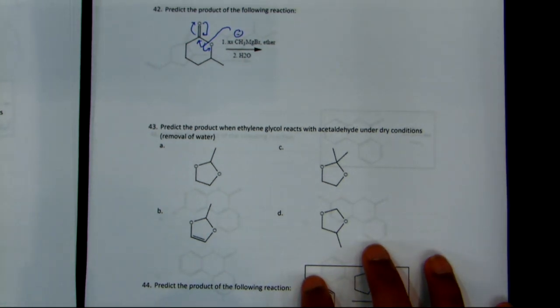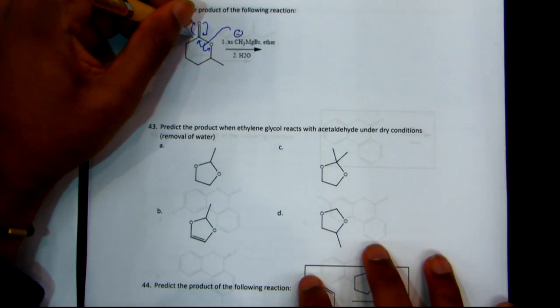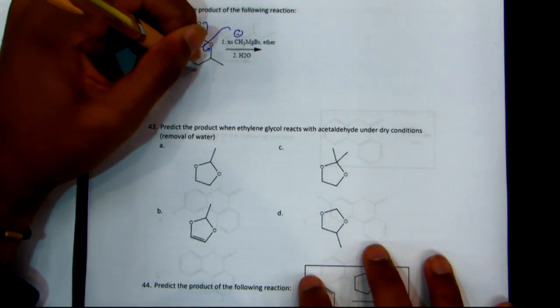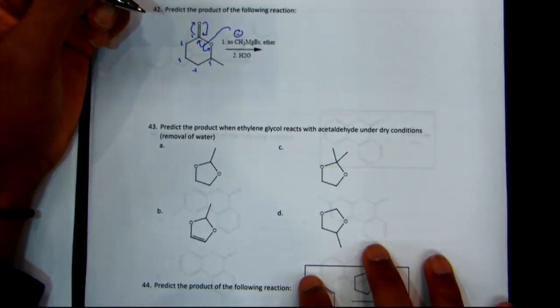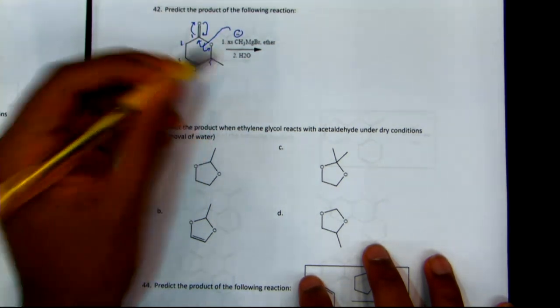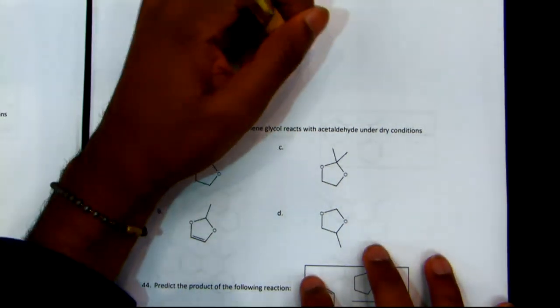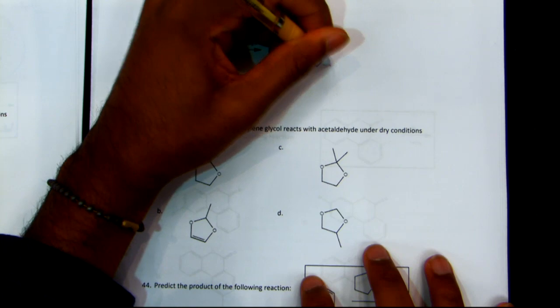Okay? So the easiest way to know what my product's going to look like is number my ring. 1, 2, 3, 4, 5. Let's stop right there. I'm not going to go to 6 yet. So carbon 1, 2, 3, 4.